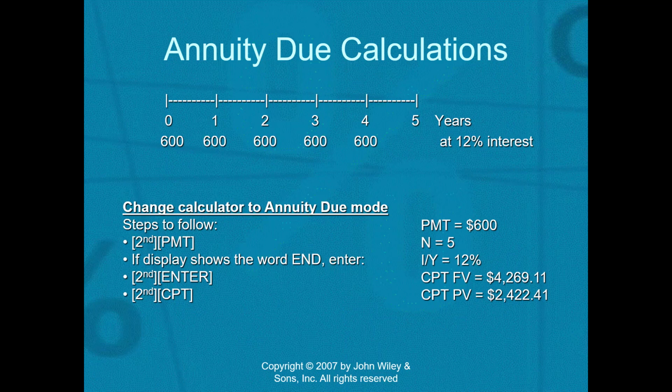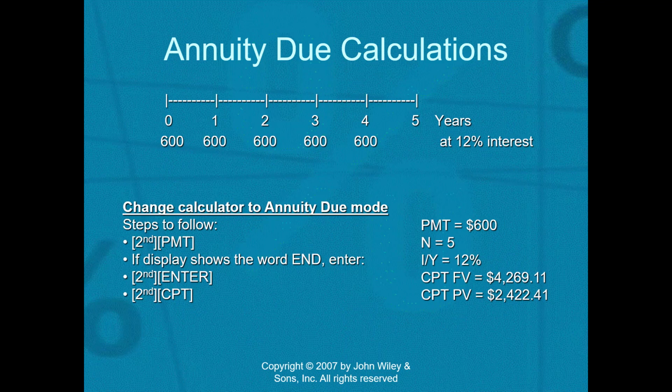All right, so now we're going to go ahead and compute the present value on that. What is our present value going to be? Same thing, second clear, second future value. Type in 600 PMT, but we are not going to convert that to negative because we are receiving that money. Then we'll do 5 N, 12 I/Y, and compute PV, and that gives us negative $2,422.41.